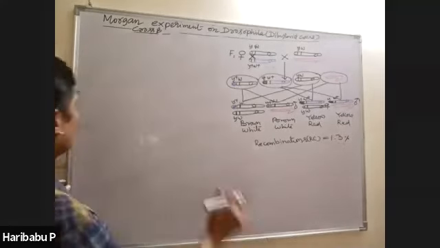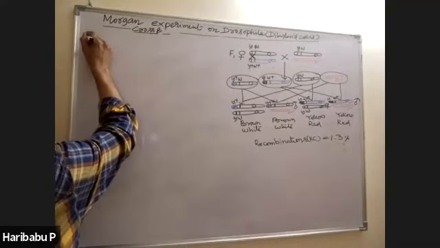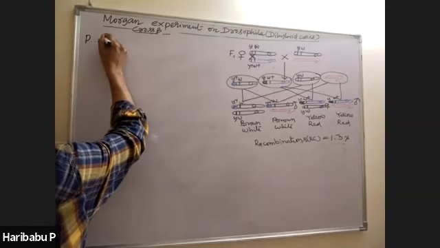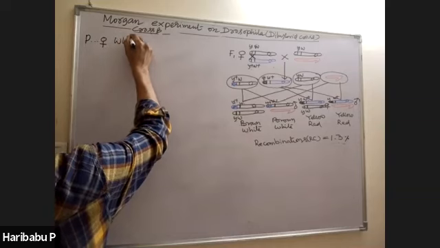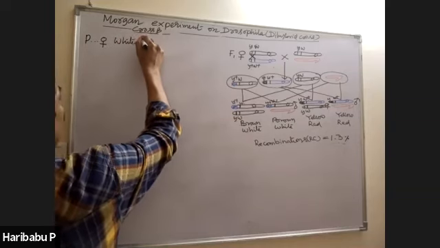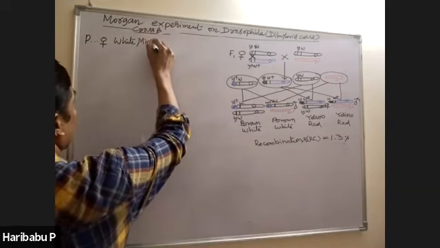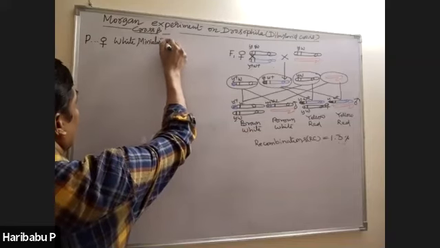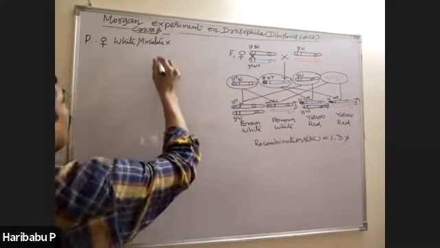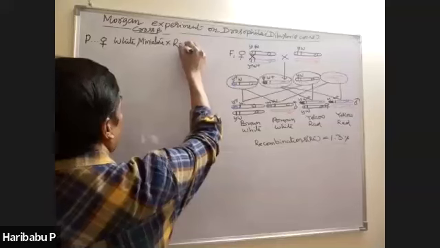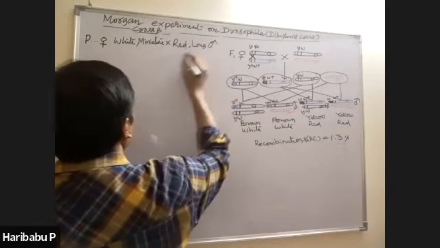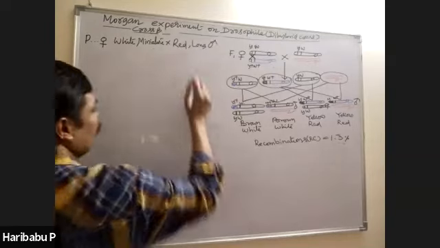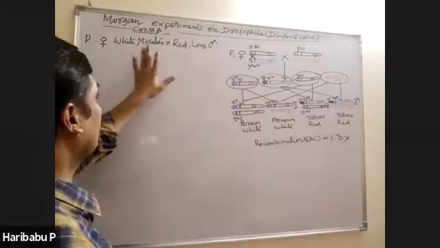For the second cross, what are the parental characters Morgan selected? Female white miniature, male red long.